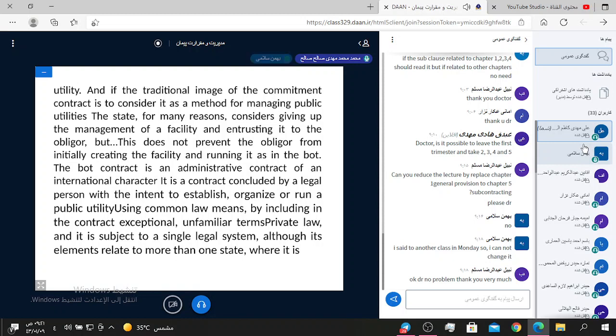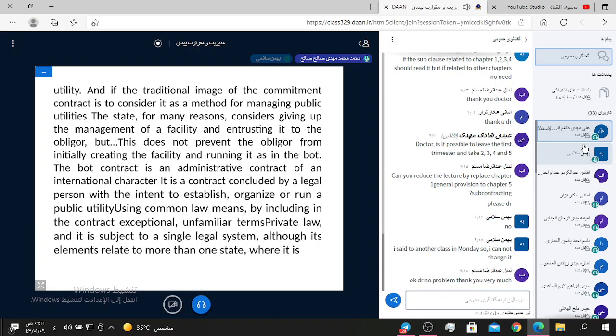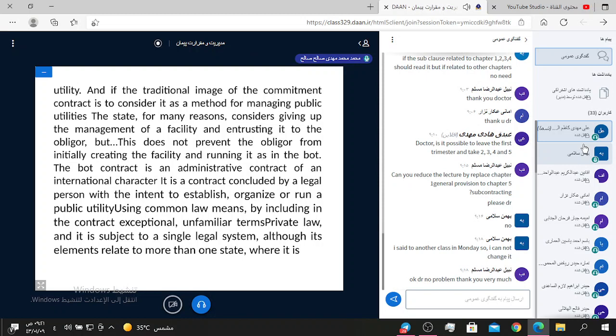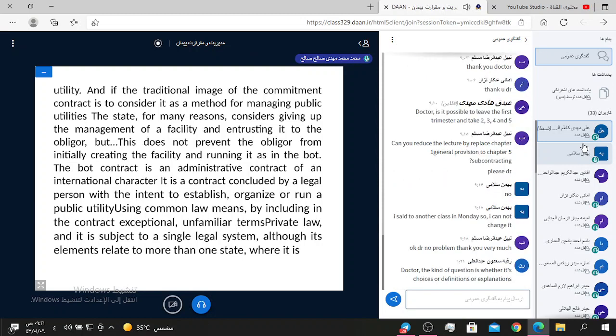The BOT contract is an administrative contract of an international character. It is a contract concluded by a public legal person with the intent to establish, organize, or run a public facility using common law means, by including in the contract exceptional provisions, and it is subject to a similar legal system.